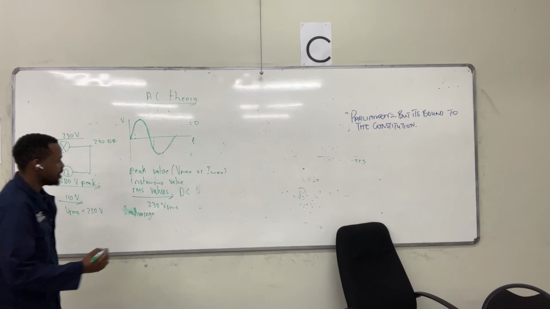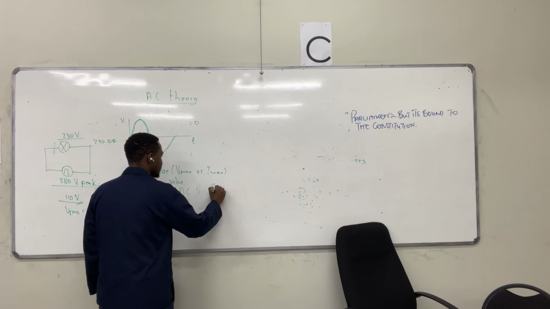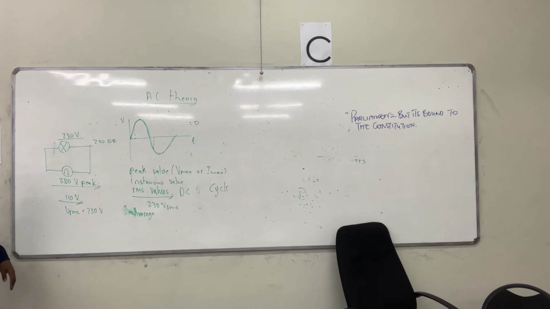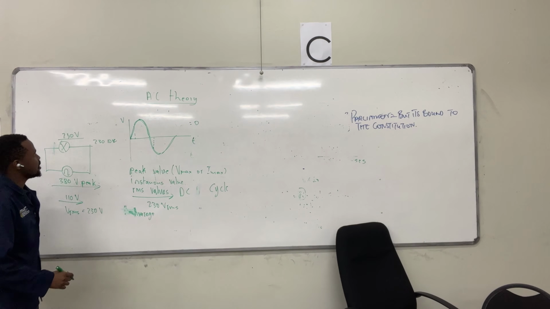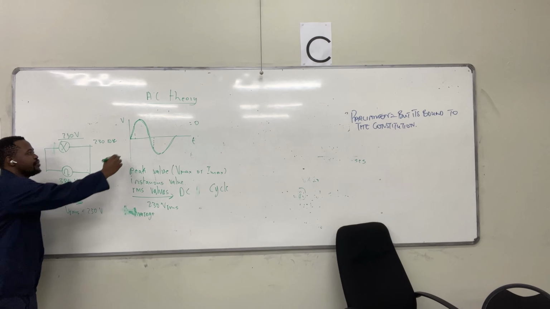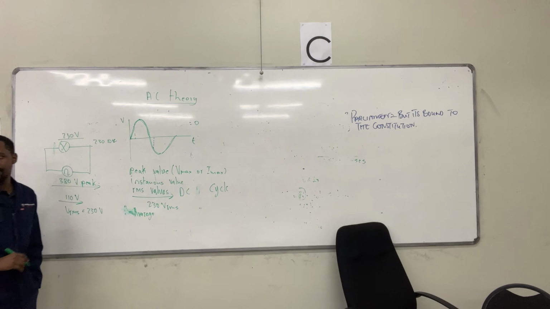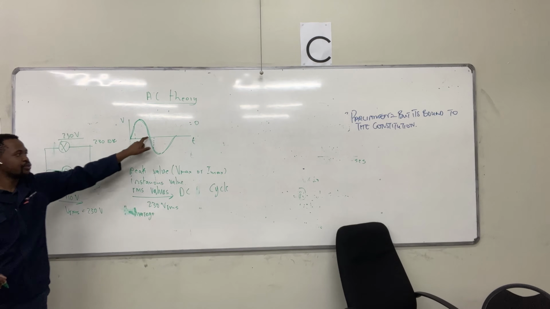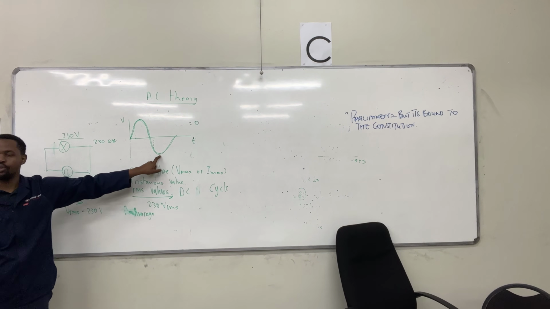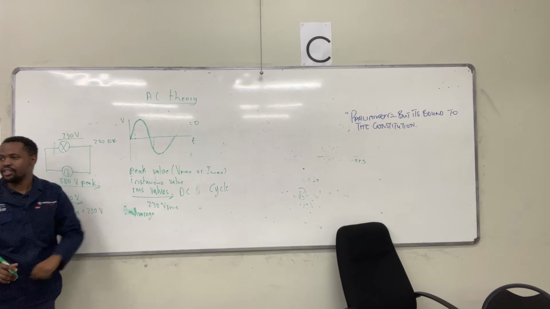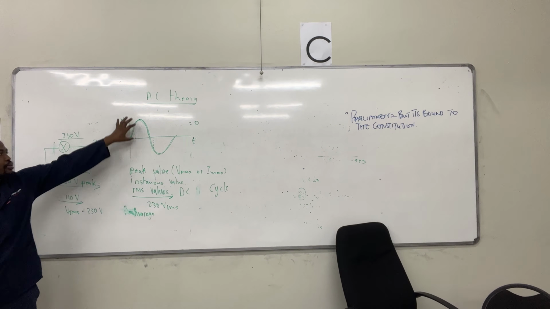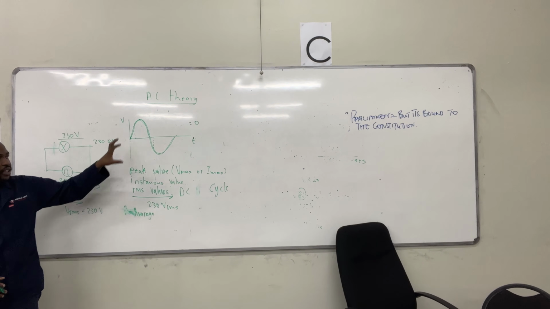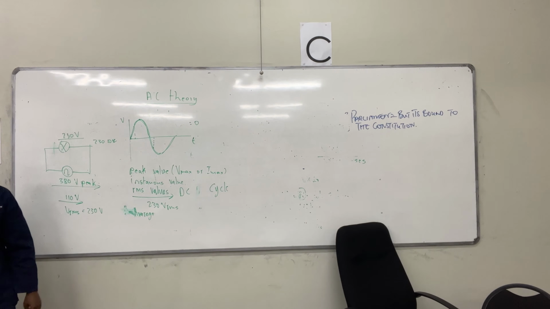Then the other one is a cycle. A cycle is when a sine wave goes from 0 to the positive peak, then goes back to 0, then goes to a negative peak, then goes back to 0. That is the positive and negative half wave, and that will form a cycle.